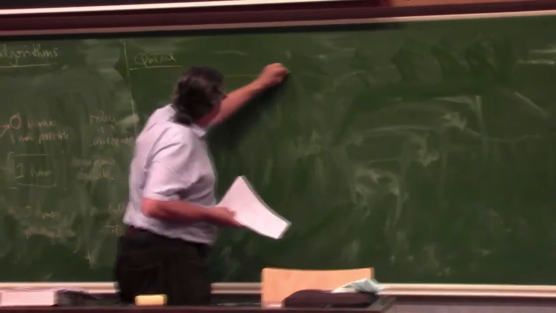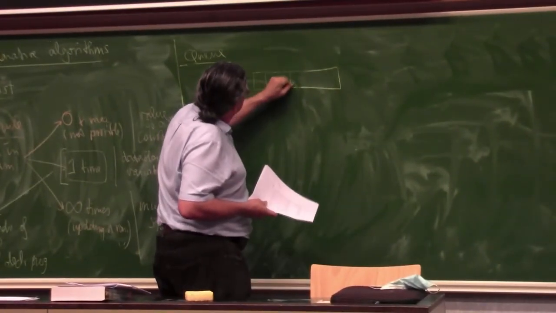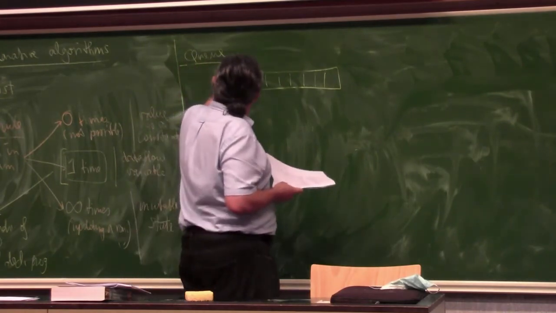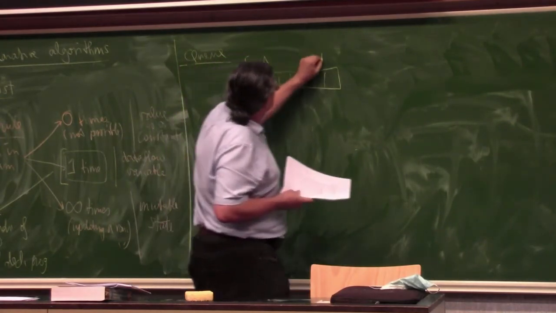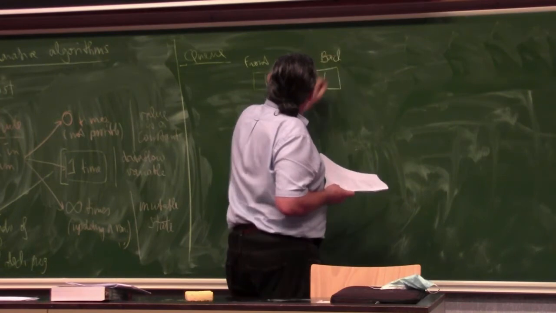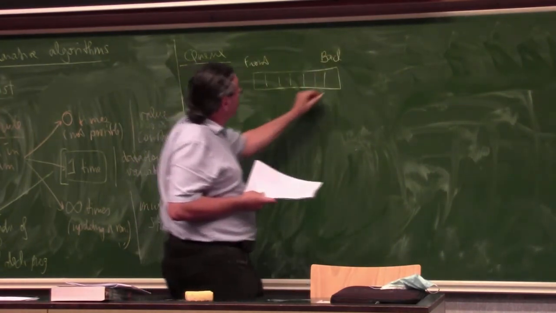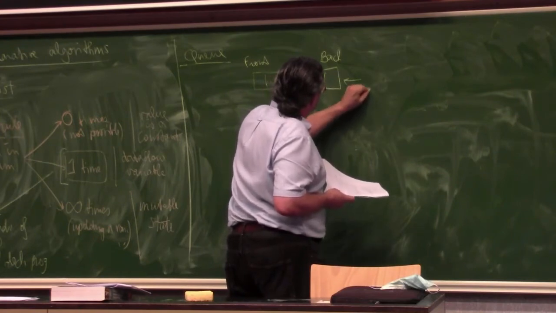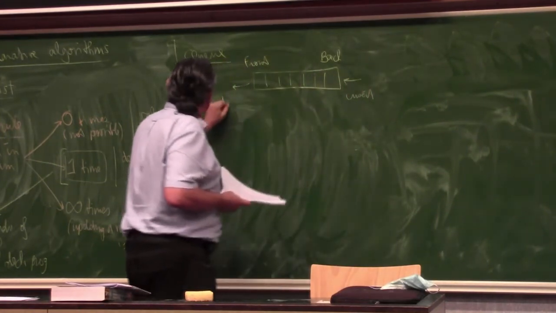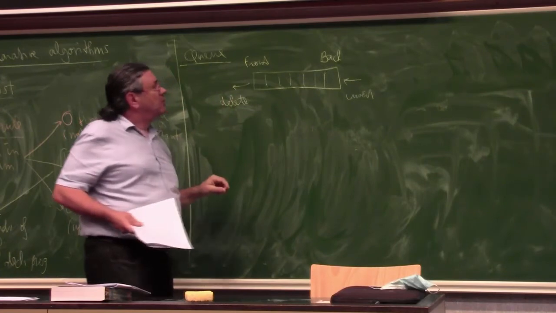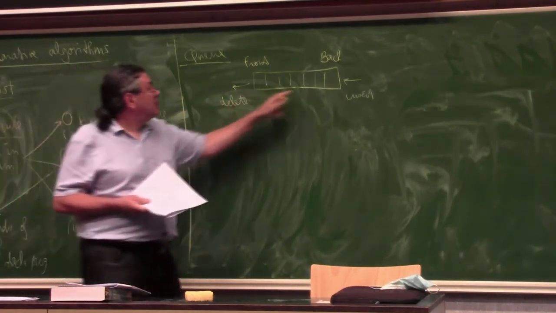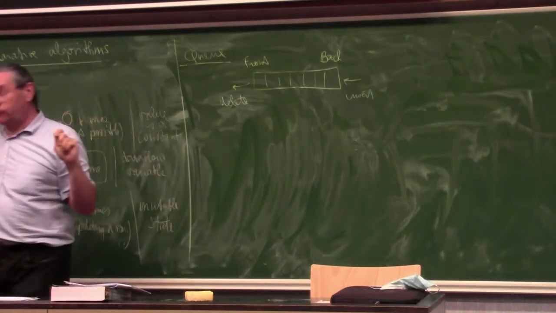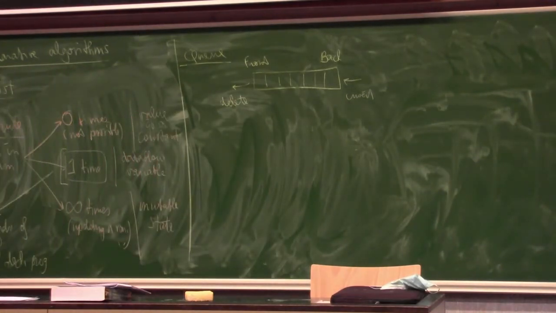Well, a queue is basically like a list, but it has a front and a back. Okay? You can put elements in on one side, and you can delete elements on the other side. Basically, that's it. You put elements in the queue, and the first element that comes out was the first one that got put in.